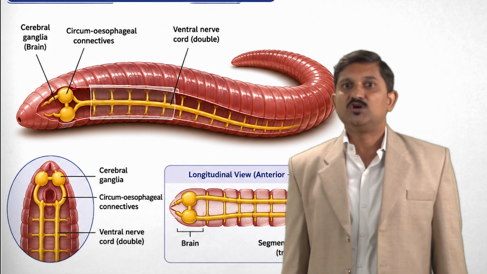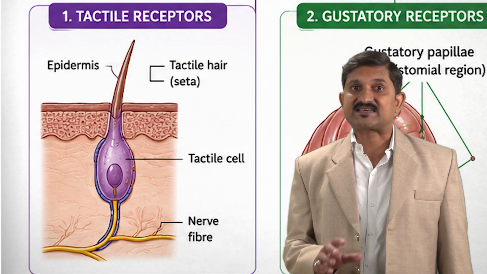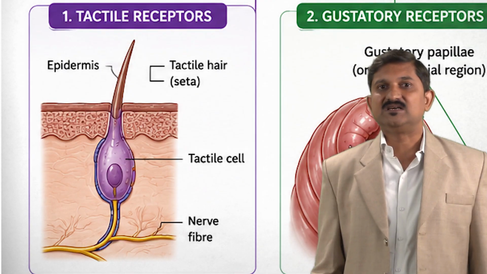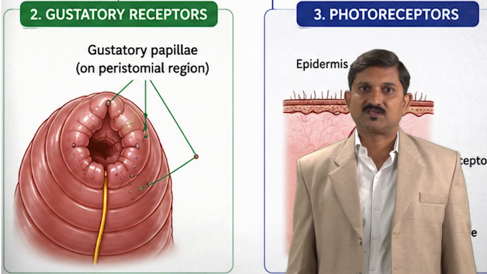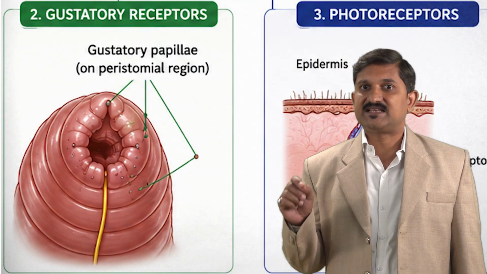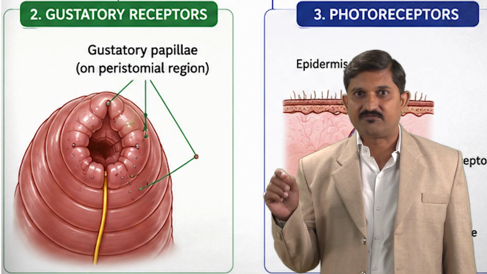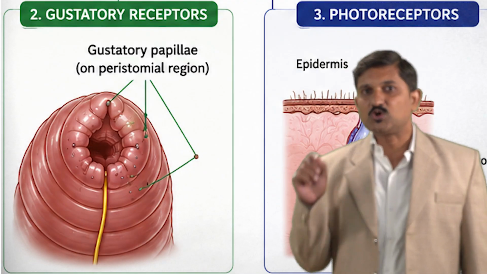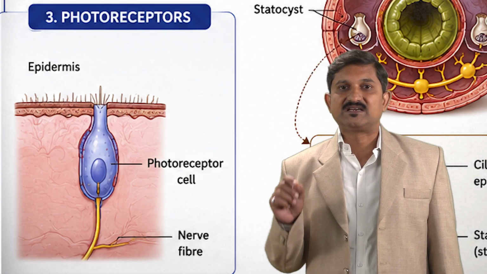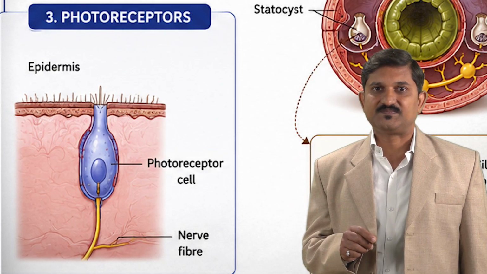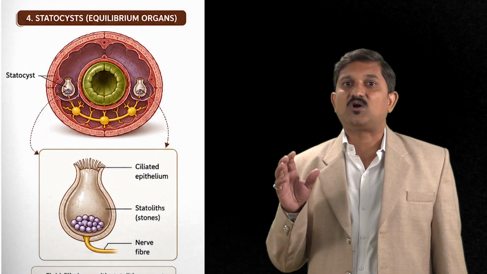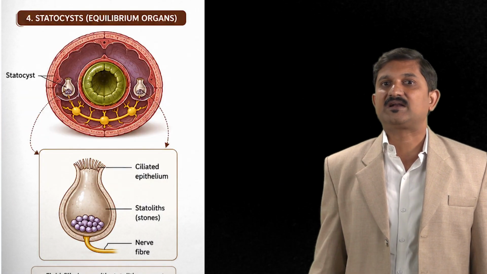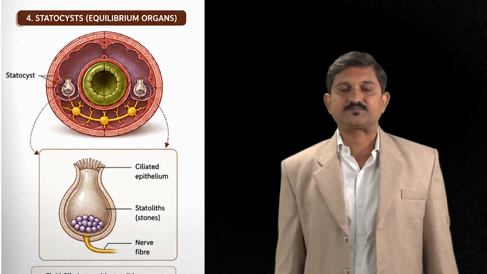Annelids are known to have tactile receptors, that means receptors which are sensitive to touch. Gustatoreceptors, that means receptors of taste. Photoreceptors, that means receptors of light. Some forms of statocysts are also present, which are balancing organs.